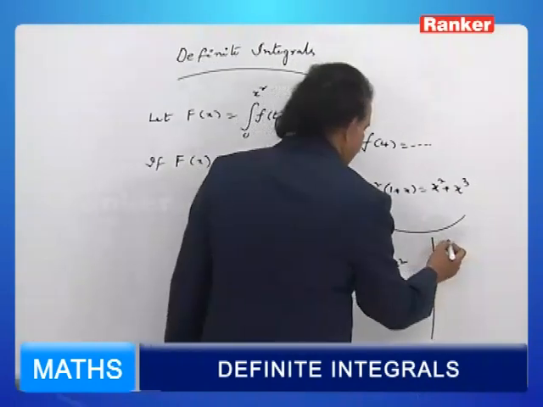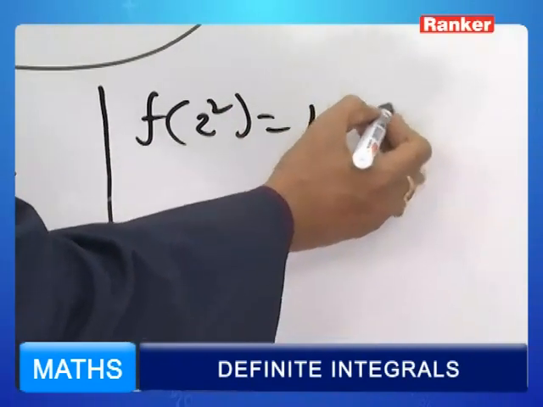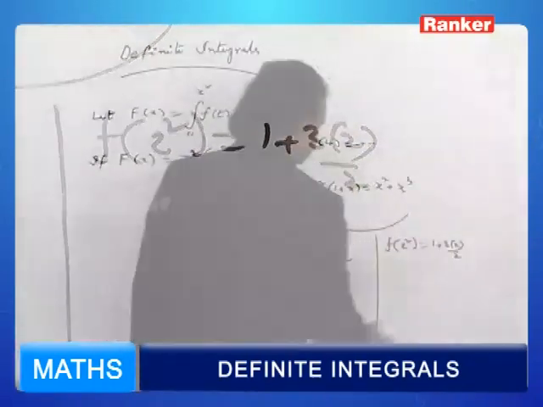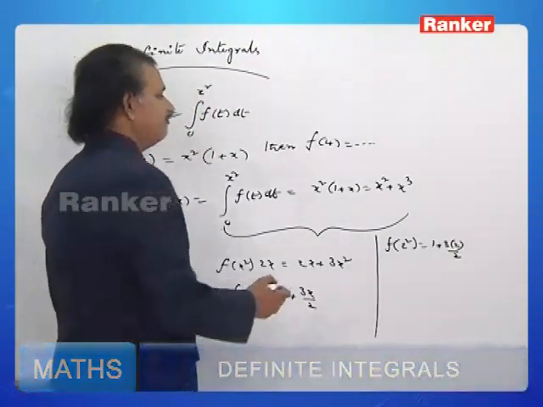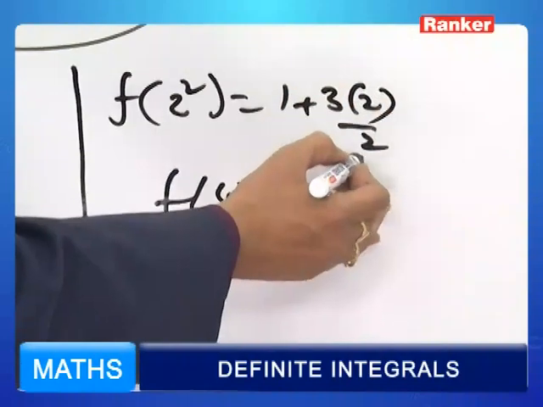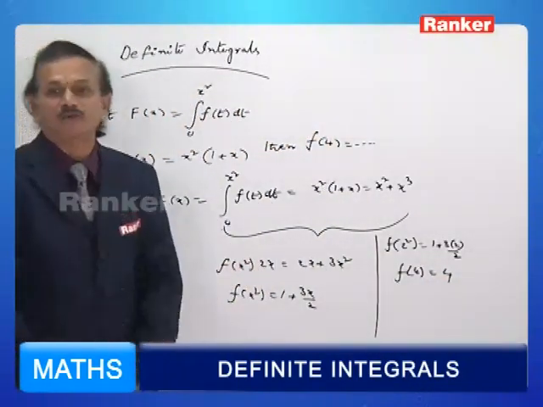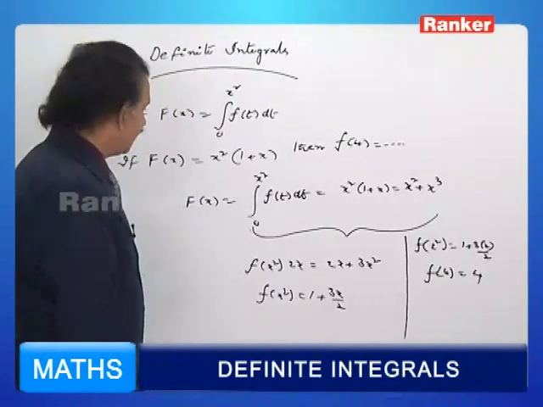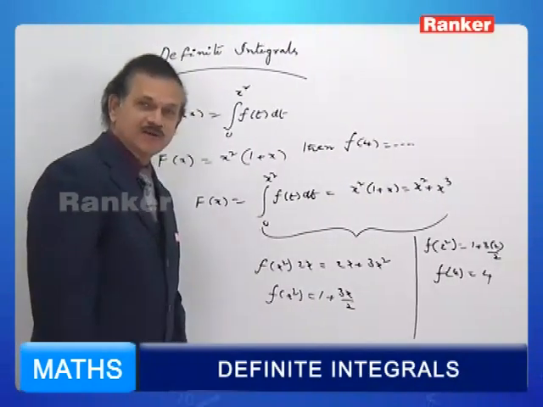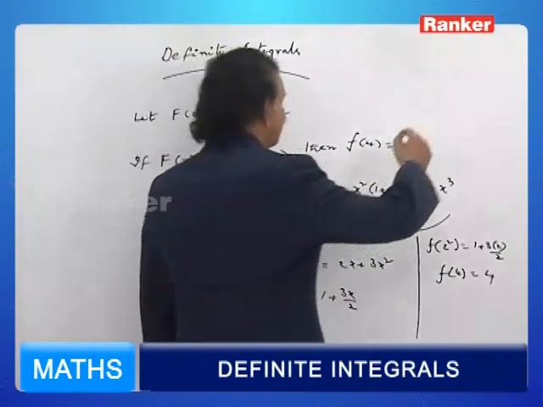What do you have? f of 2 square is equal to 1 plus 3 into 2 by 2, isn't it? So f of 4 is therefore equal to 1 plus 3, that is 4. What is f of 4? 4.